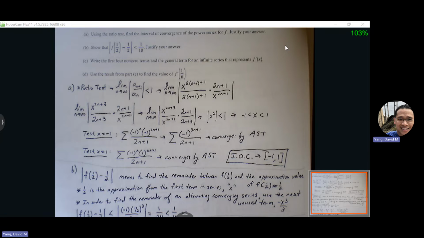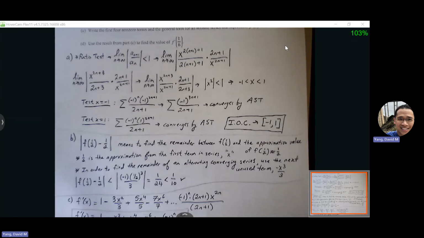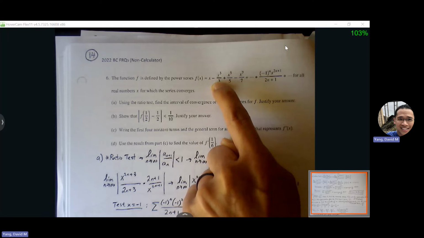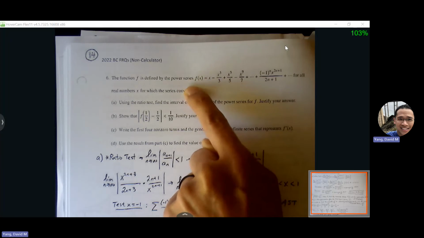For alternating series, the way you find the remainder is to look at the first unused term, the next term. So this tells us how off this approximation is from the actual f of 1/2.